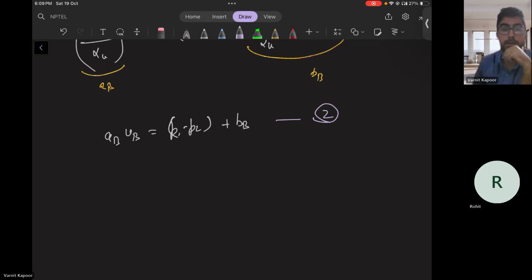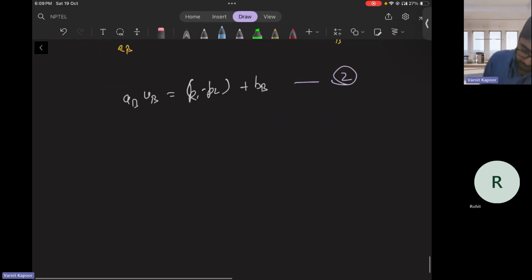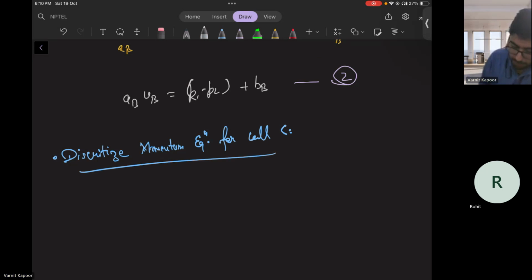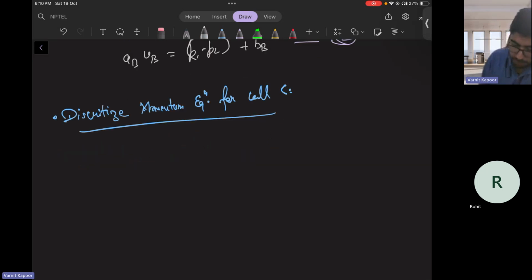Any doubts? Similarly, you can discretize the momentum equation for cell C as well. So let us see. The equation will now be integrated from 2 to 3 for cell C. C mod U dx plus integral from 2 to 3 of dP by dx into dx equal to 0.